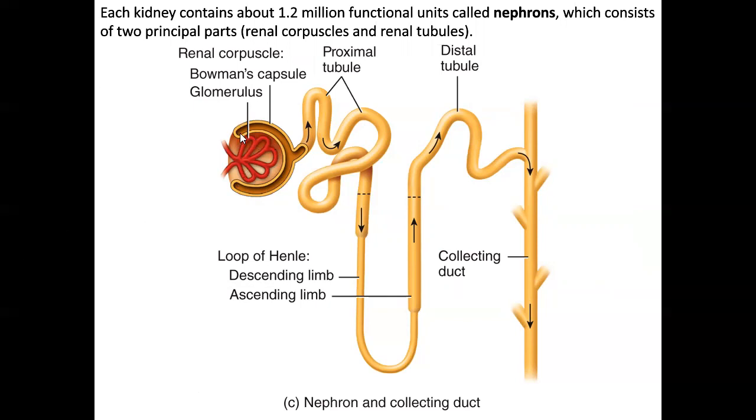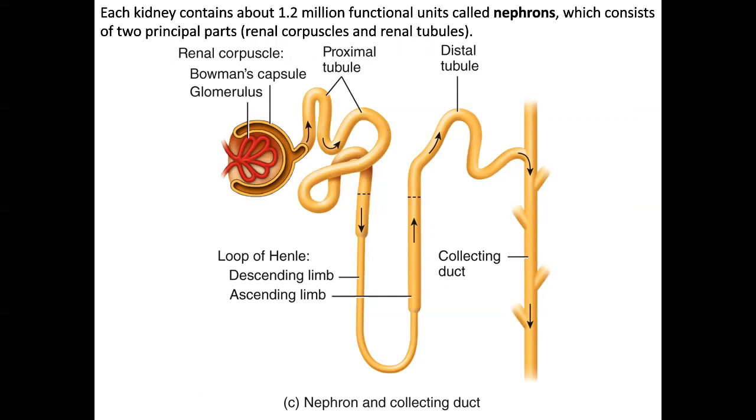This is a very simplistic illustration of a nephron. You'll see a much more complicated one here in a little bit. Well, this is where we first filter the blood and form the precursor to what we will call urine. And that precursor to the urine is a fluid called filtrate. It's predominantly water, just like any other fluid in our body. And then it's got a lot of other stuff in it, which then flows out of the corpuscle into this long winding tubule where we process that filtrate.